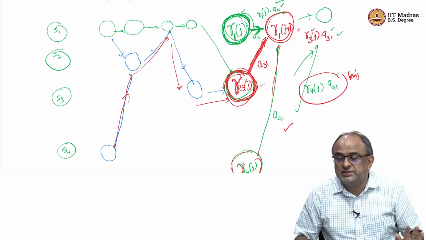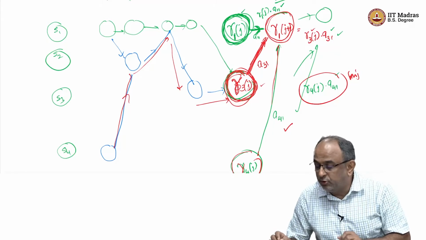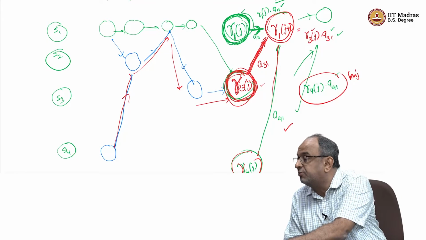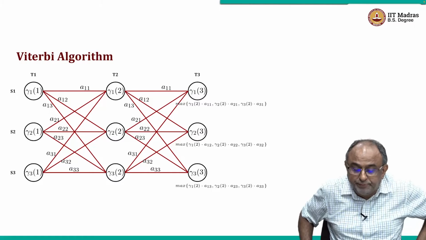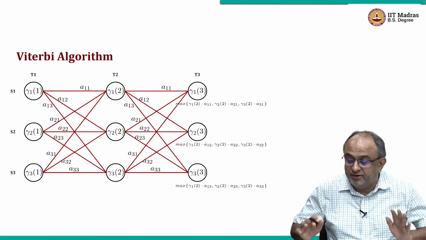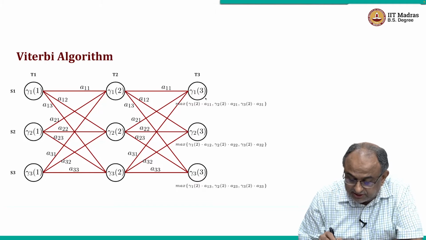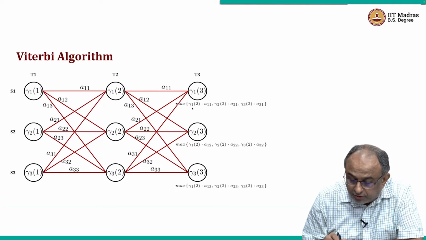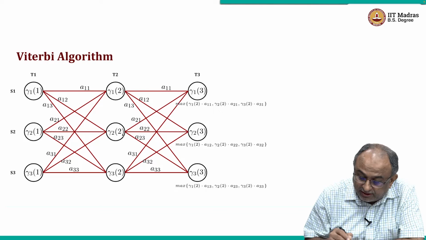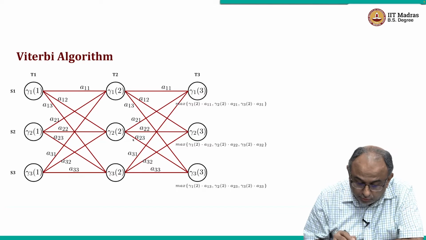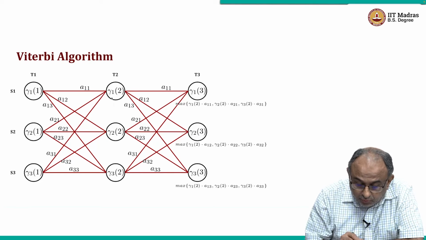So if you understand this properly, then I will go back and use the slides themselves. Okay. So the basic idea of Viterbi is just this: at this time instant, for the first state and third time instant, I only look for the max from the previous guys. So gamma 1, 2 coming to the state is only A11.